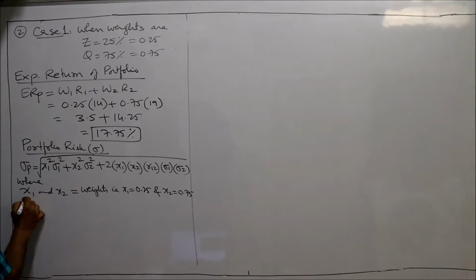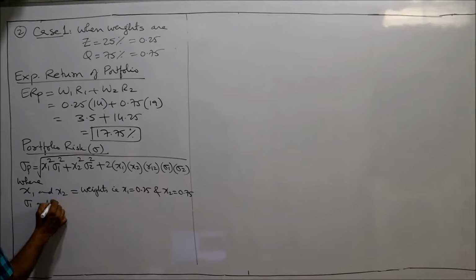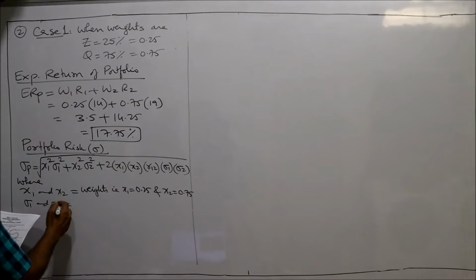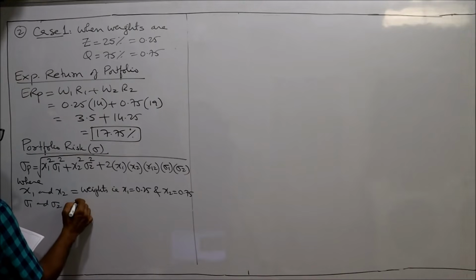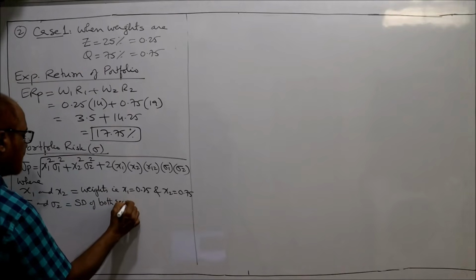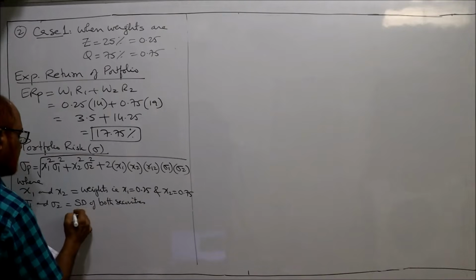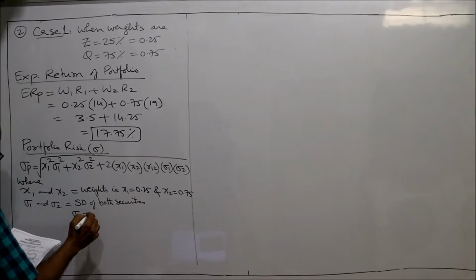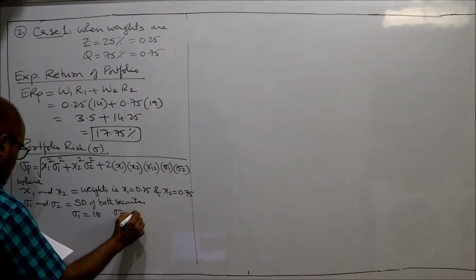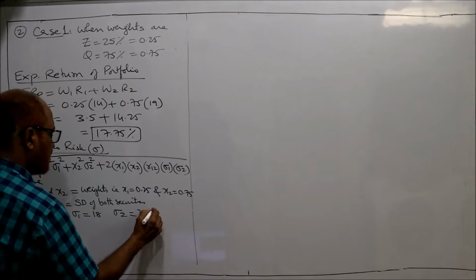And sigma 1 and sigma 2 are the standard deviations of both securities, that is, sigma 1 is equal to 18% and sigma 2 is equal to 30%.